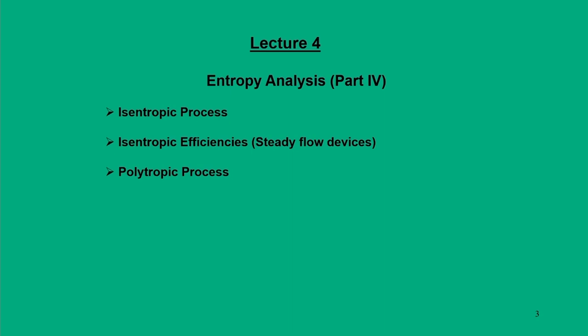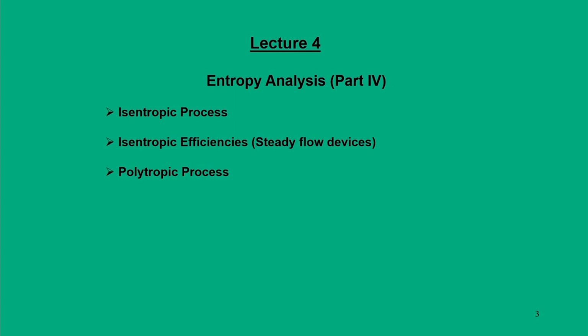This particular lecture will focus mainly on isentropic process, isentropic efficiency and polytropic processes. Just to emphasize, at the UG level you might be aware of the term isentropic efficiencies, which are normally applied for steady flow devices.